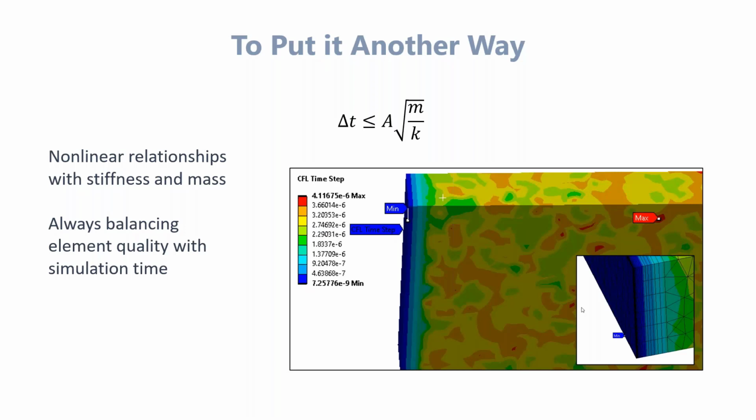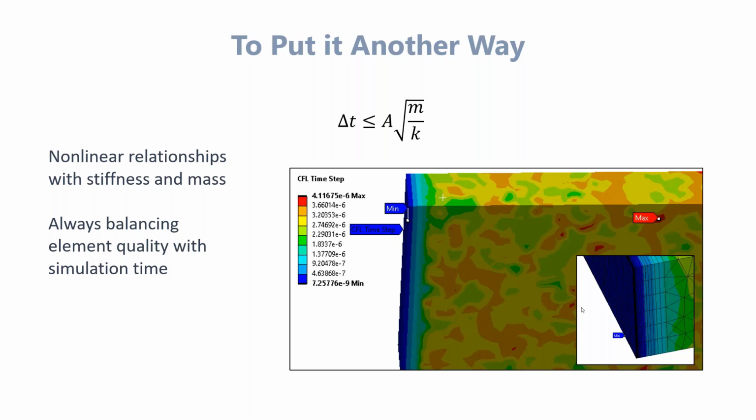And I should state this another way. If you were to restate that expression for the time step and pull out all the parts of it that are related to the element dimensions, you're left with an expression for the square root of the mass over the stiffness of that element.